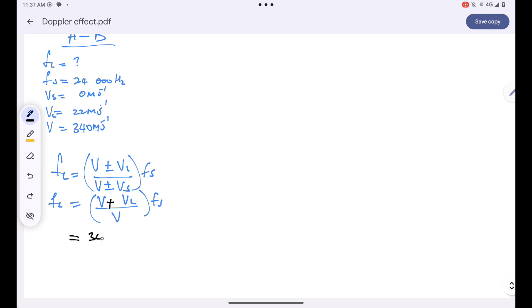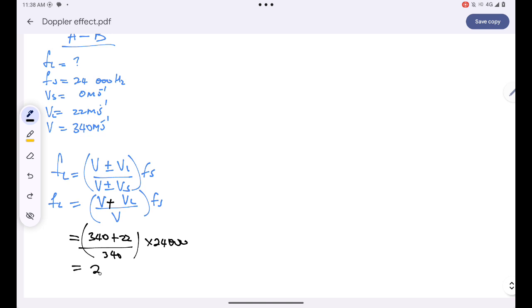So I'll simply have 340 plus 22 all over 340, all multiplied by 24,000. That's 340 plus 22 divided by 340, all multiplied by 24,000.